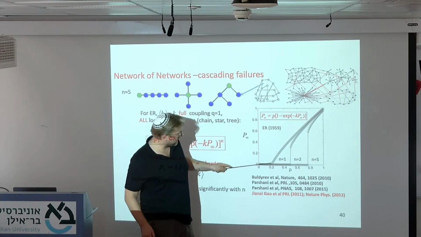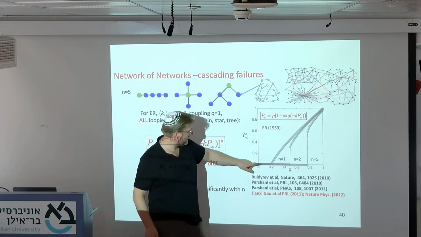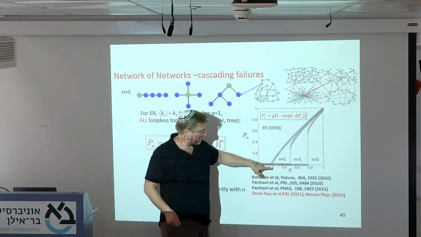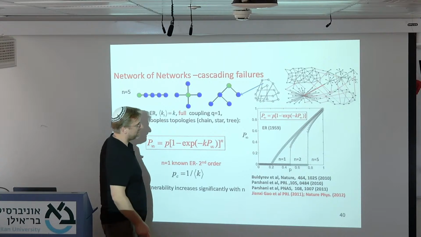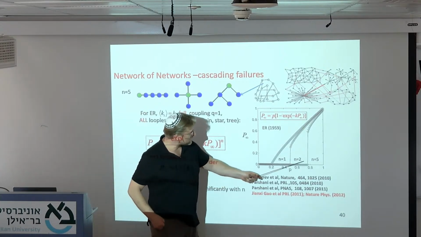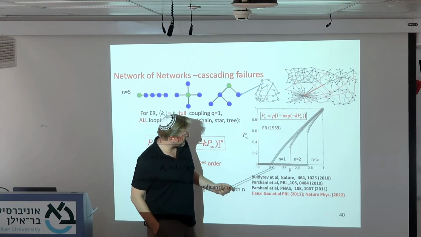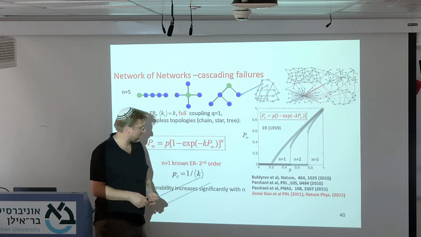And this is the case of the normal percolation transition. So you have basically a switch also from a first order phase transition to a second order phase transition.